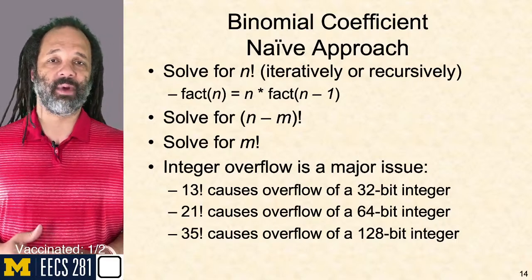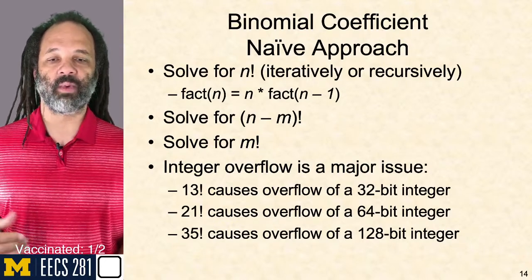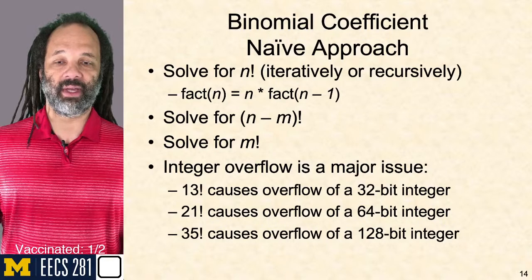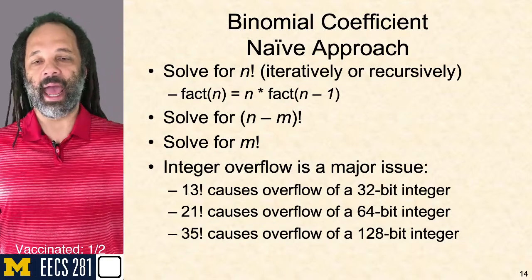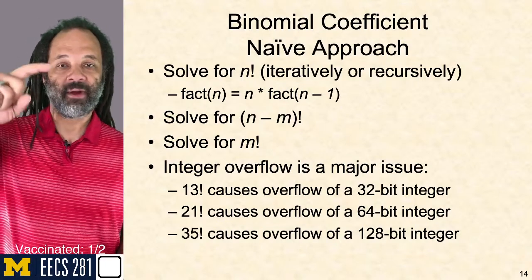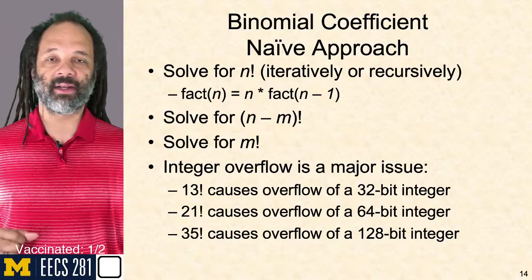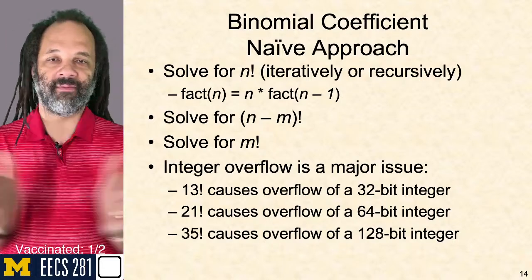So I could write that recursively really nicely. Say factorial of n is just n times factorial of n minus 1. Or I could write it iteratively and start multiplying up until I get to n. Either way, I could write factorial without too much challenge. I could solve for n factorial, then I could solve for n minus m factorial, then I could solve for m factorial and just multiply and divide and have my answer in the end.